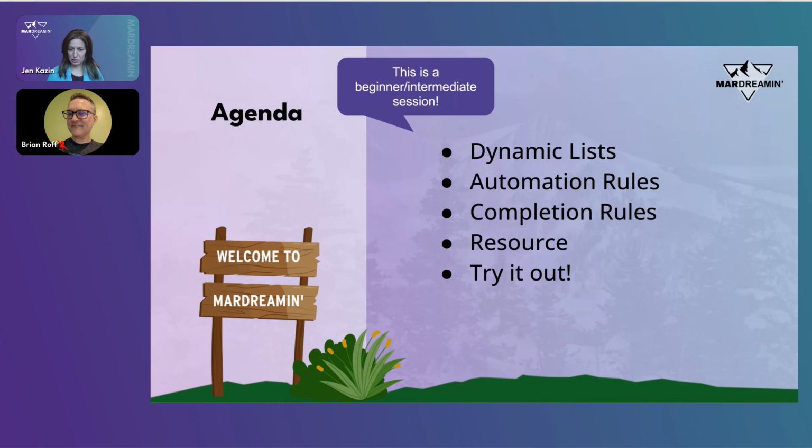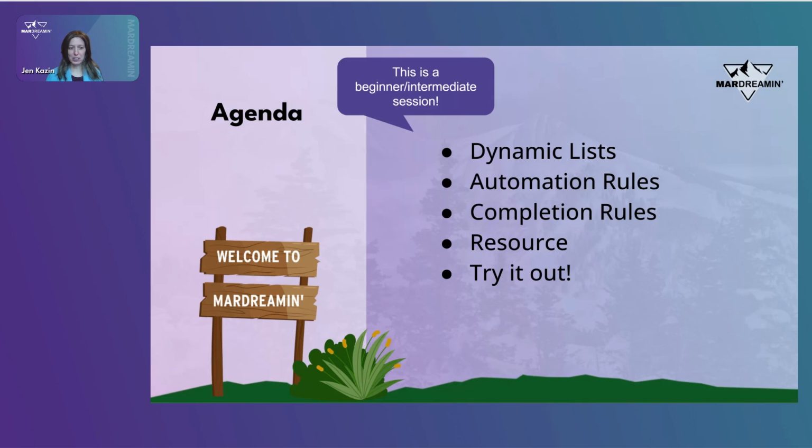So, like I said, dynamic lists, automation rules, completion actions. Those are common automation tools that have been available for some time now in account engagement, so it's reviewing the basics. One thing I do want to shout out is the resource. To make it a little more than just describing the automations, the resource is what I call an automation cookbook.